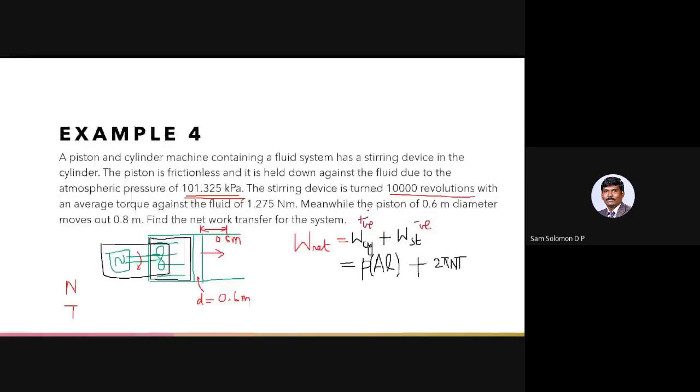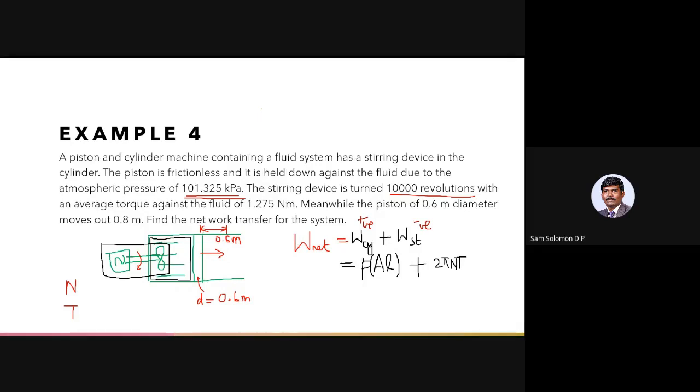Now let's come here. Initially, the piston didn't move. So the piston is initially at this particular point. So no work is done, correct, because there is no change in length.